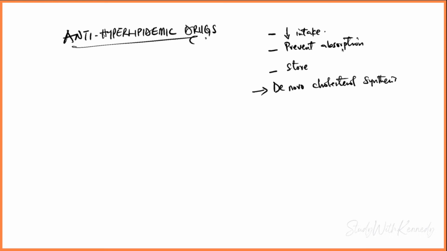You may eat excess sugar, and the liver somehow is able to convert this sugar into cholesterol in the form of VLDL. We'll look at that in a bit. So how about we inhibit de novo cholesterol synthesis? Let's stop the liver, perhaps, as much as we can from producing more and more cholesterol. Is that something we can do?